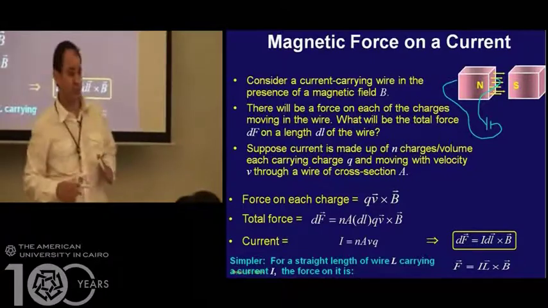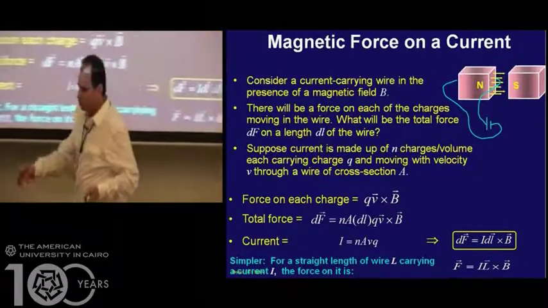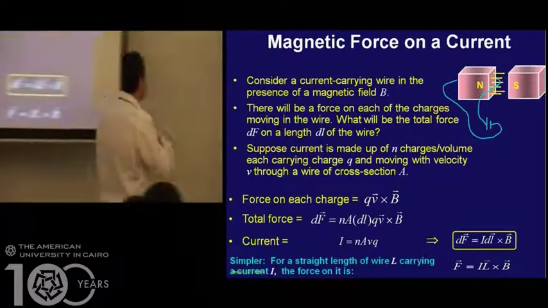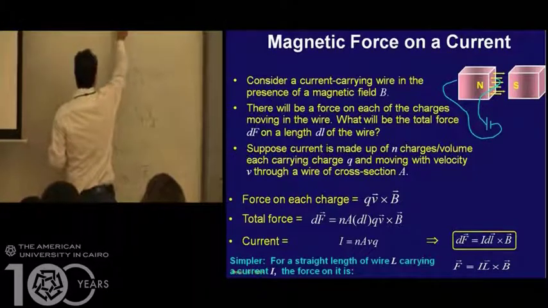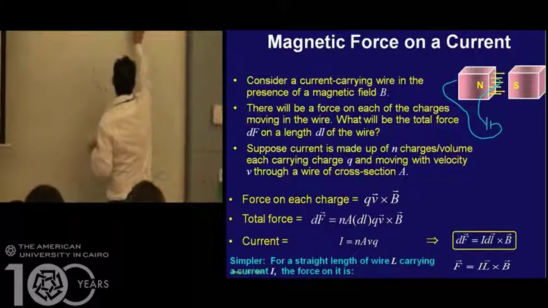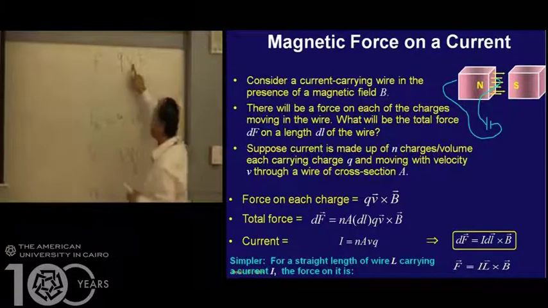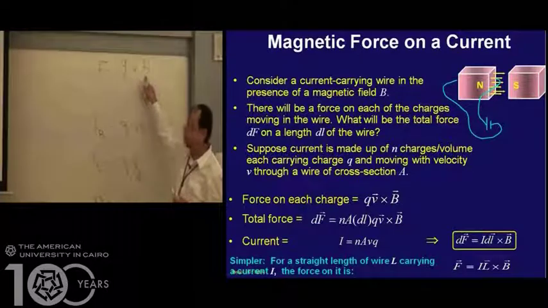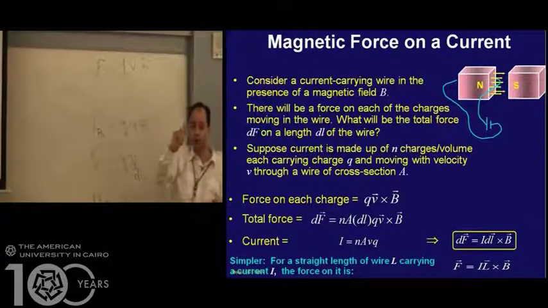We know that the force acting on one charge is equal to QV times B, assuming that the motion and the magnetic field are perpendicular to each other. So this is the force acting on one charge.